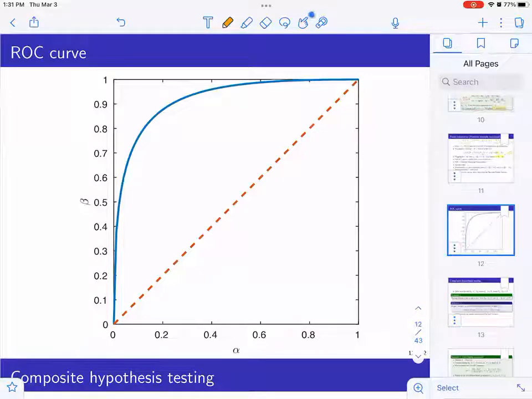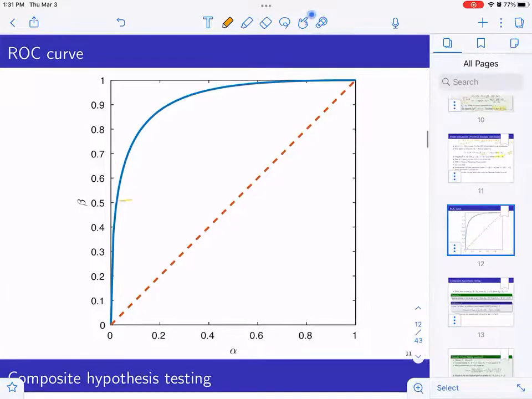What is the test that gives you this line? It can't be 1/2, because 1/2 would be just this point. So the coin flip would be this point. This is the test that is just equal alpha.